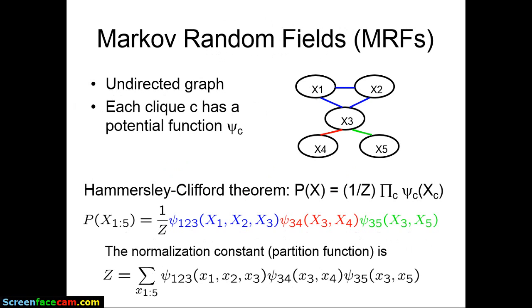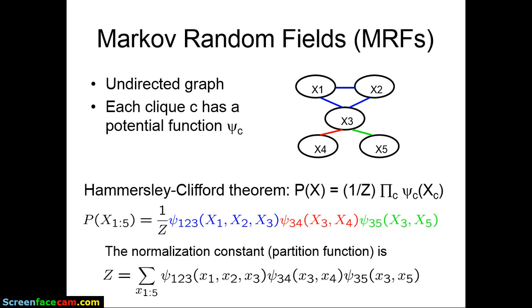The second type of graphical model which I stated is the Markov random field, which is an undirected graph, and each clique C has a potential function psi. Since x3 has a direct influence caused by x1 and x2, we have one psi, which is psi of 1, 2, 3. Similarly, x4 has a direct influence caused by x3, so we have psi of 3, 4.